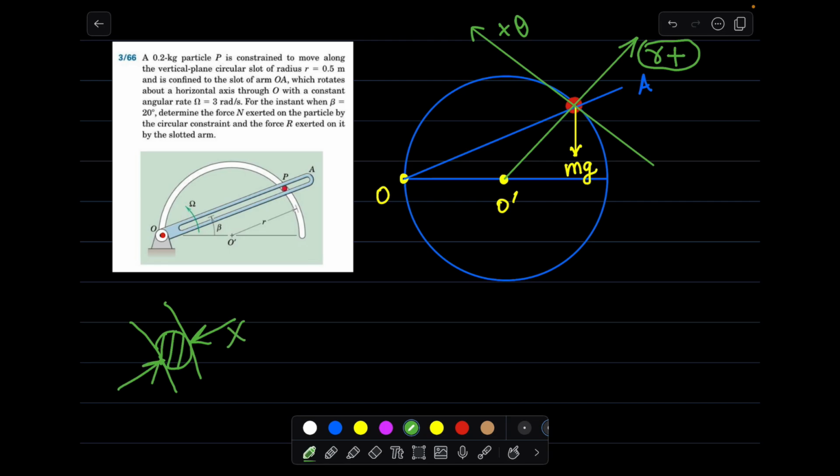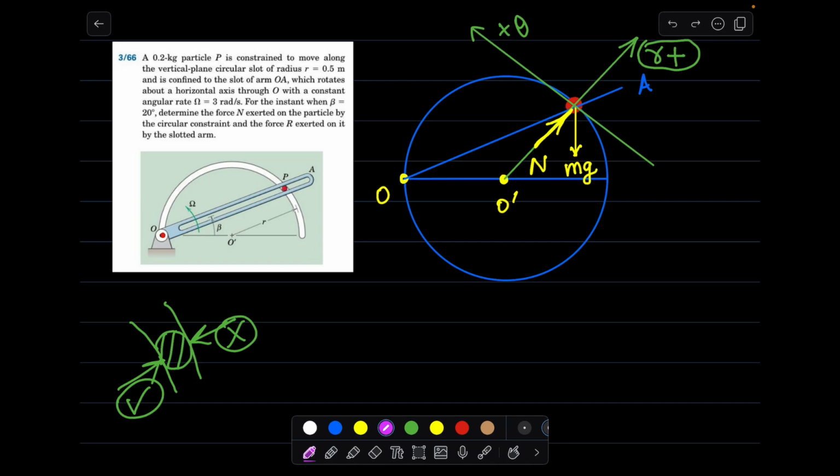We have to choose only one. In this case, I will choose the normal force in the direction of R. Why is it in the direction of R? Because I have two options, either choose in this way or the opposite of it. So I will choose one side.